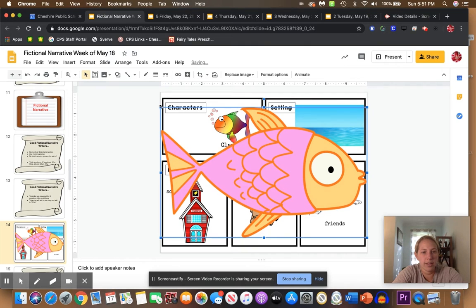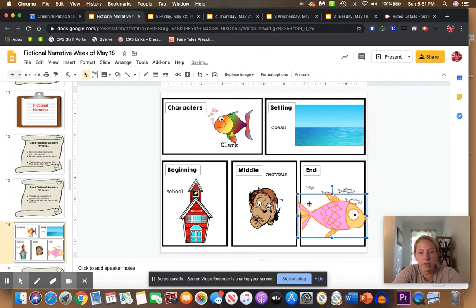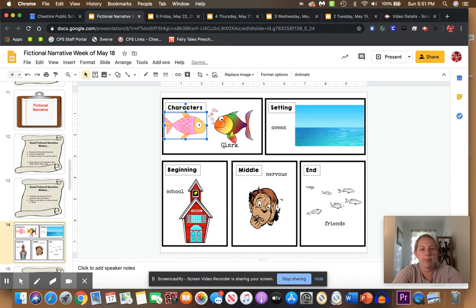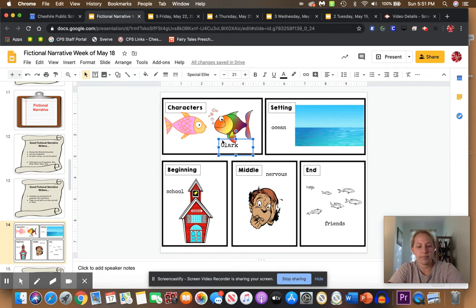Oh boy. And she is very big. This is going to be mom. What should we call her? Well, I guess we'll just call her mom. I'm going to copy this and move it over here. This is Clark's mom.